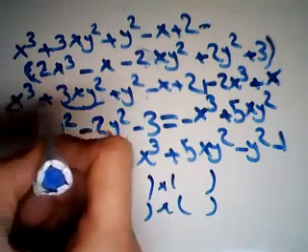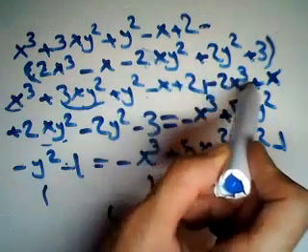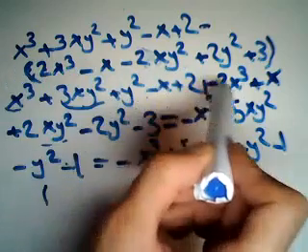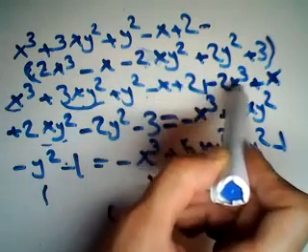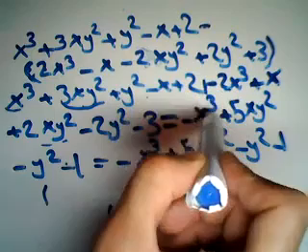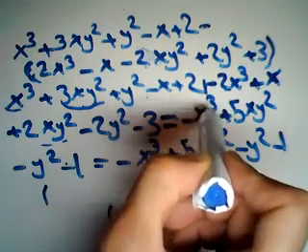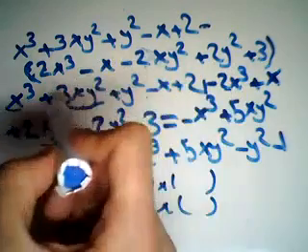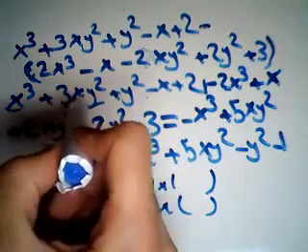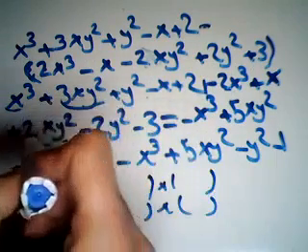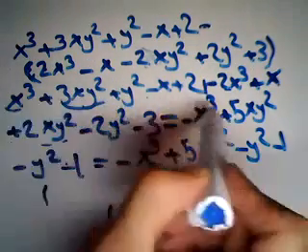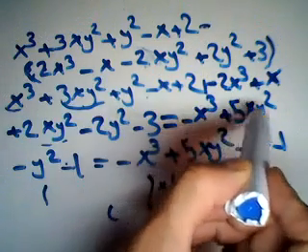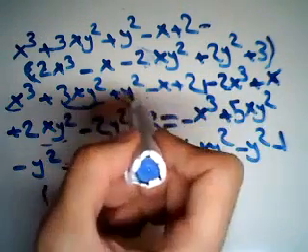Okay, here we got 1x cubed, here we got minus 2x cubed, so that would be minus x cubed. Here 3xy squared, here 2xy squared, so 5xy squared.